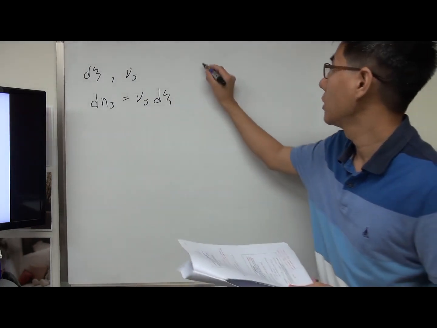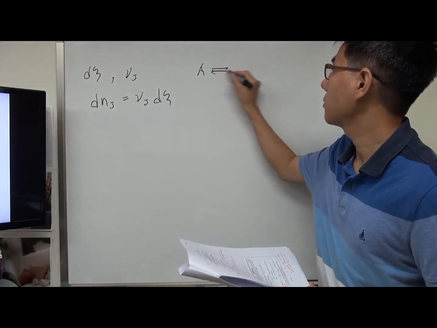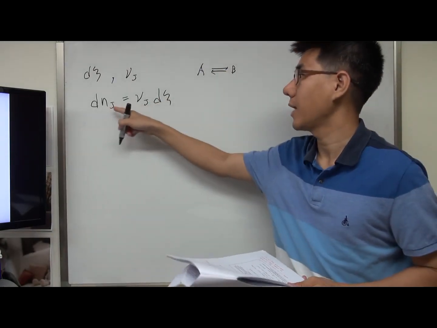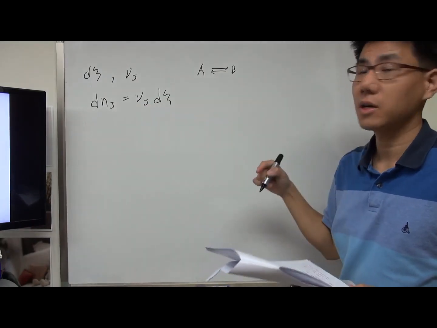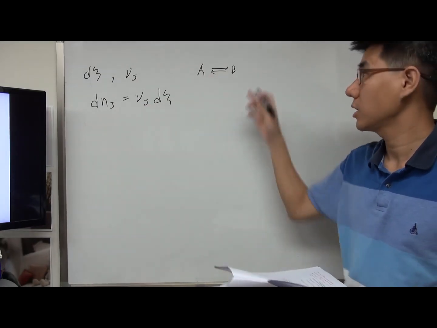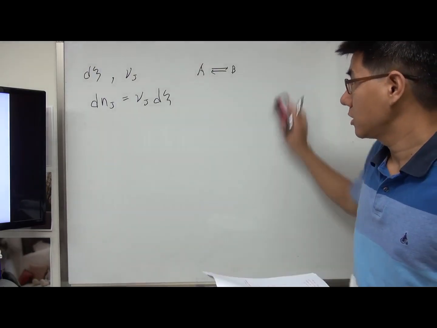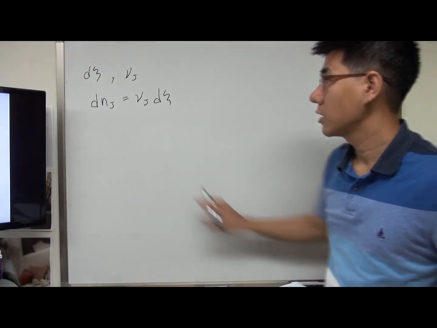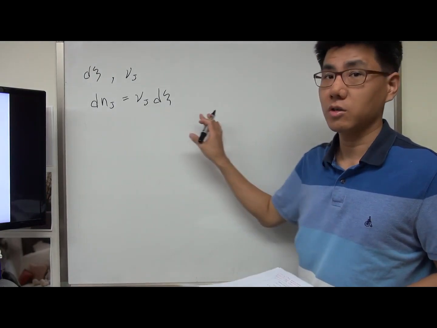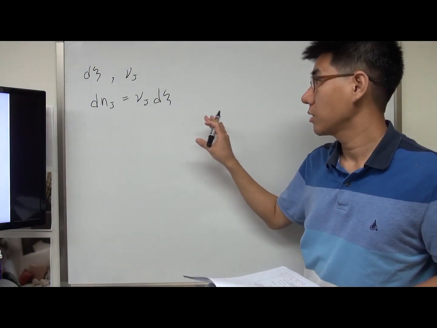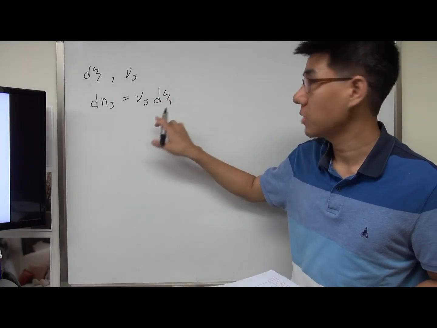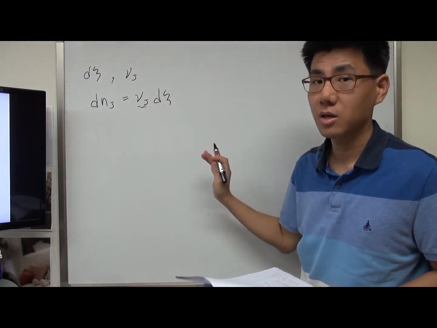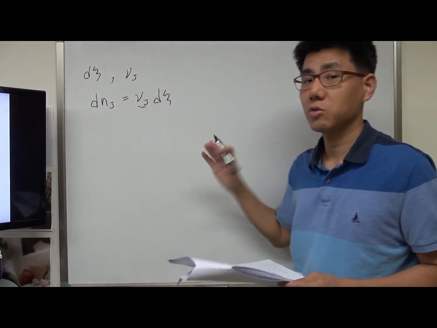If you recall, for the simple reaction, dn_A was minus d psi and dn_B was plus d psi, because A is a reactant and B is a product. Similarly, for a general chemical reaction, for reactants dn_j will be negative because the coefficient is negative, and for products dn_j will be positive.